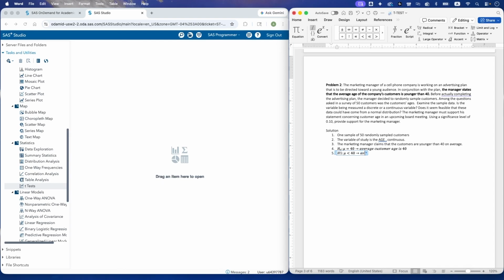So the average customer age is less than 40. This is a one-tailed test because the alternative hypothesis gives you one side only. It's a one-sided test. Alpha is 0.1.